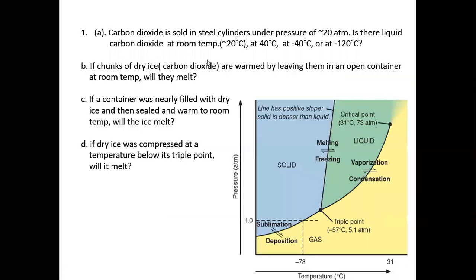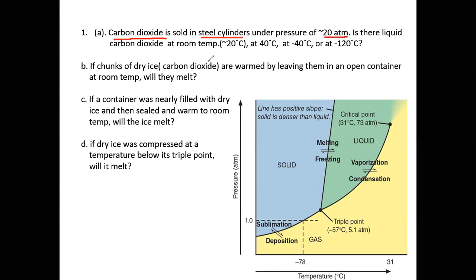So now we want to ask a few questions involving the phase diagrams. And here we're using CO2's phase diagram. Carbon dioxide is sold in steel cylinders under a pressure of approximately 20 atmospheres.